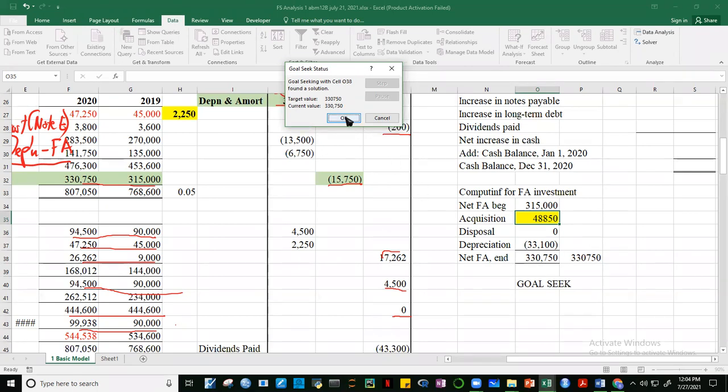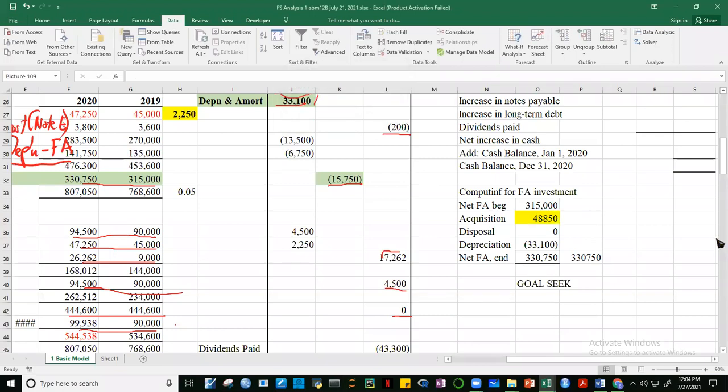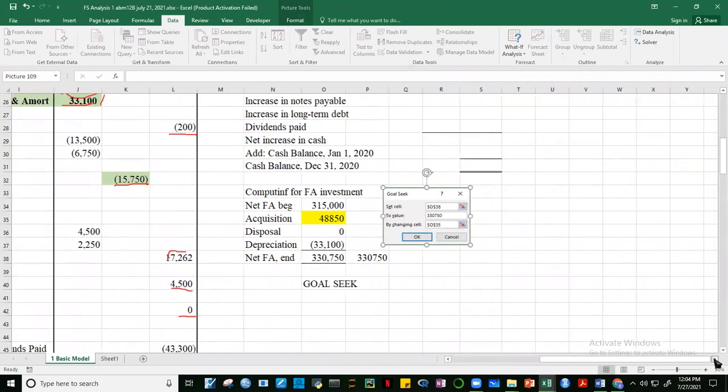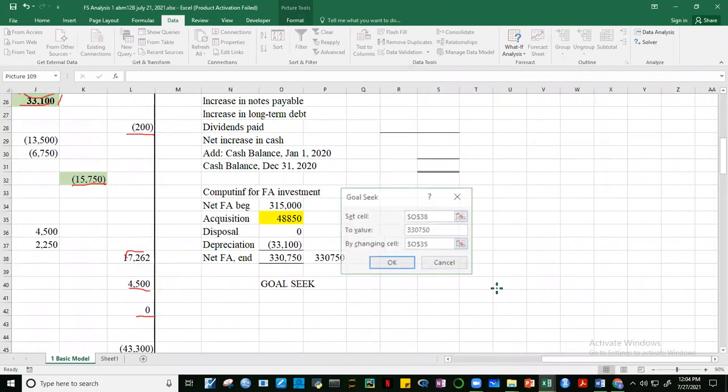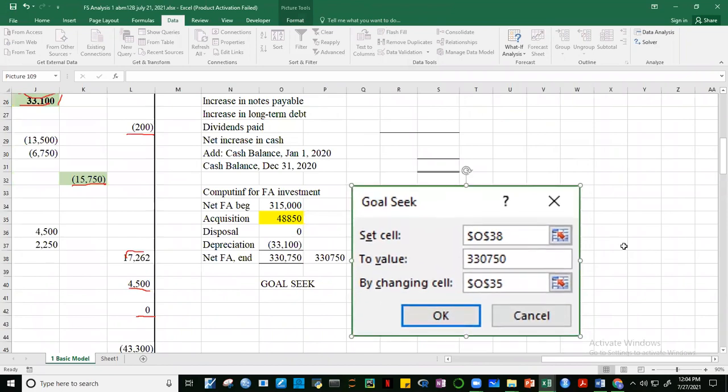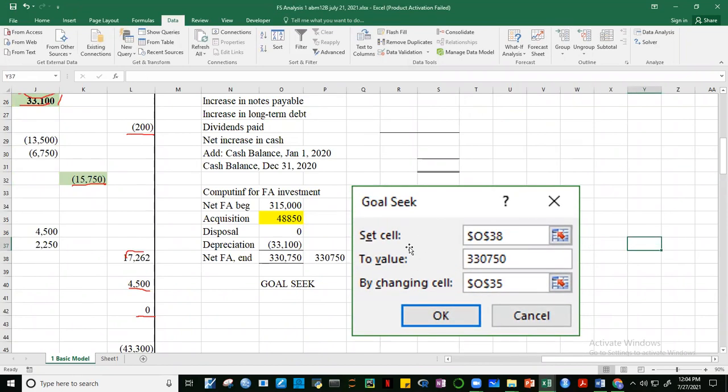Okay. So okay. Control V ko lang. Okay, ito na yung ano natin. Because I'm going to share this Excel file with you. So ilalagay ko lang to, no? So that you know kung ano yung Goalseek natin, no? Okay, so it's 48,850.